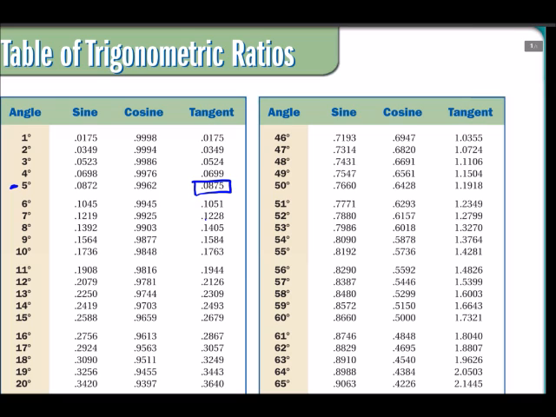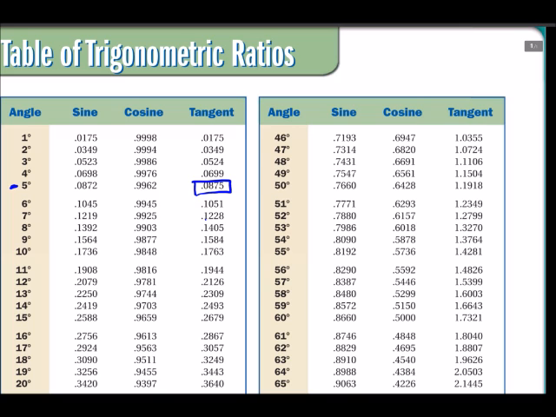0.0875. And so you don't even need a calculator to do these problems because you have a tangent table, right? You could just say, I need tangent of 5 degrees, and you put 0.0875 in there, multiply that by 150, and you're going to get about 13 feet.